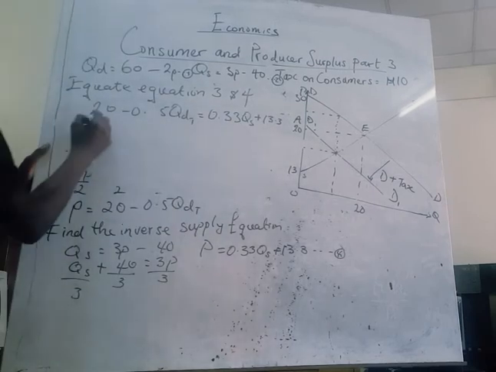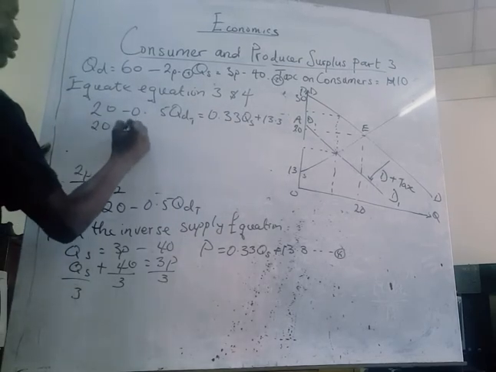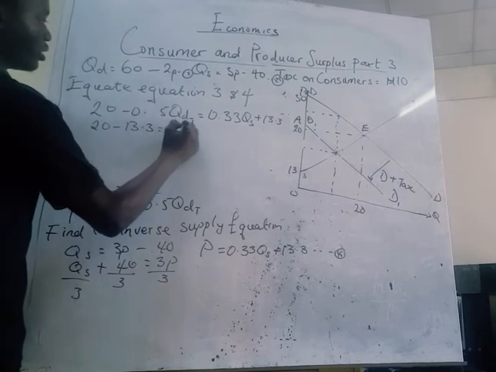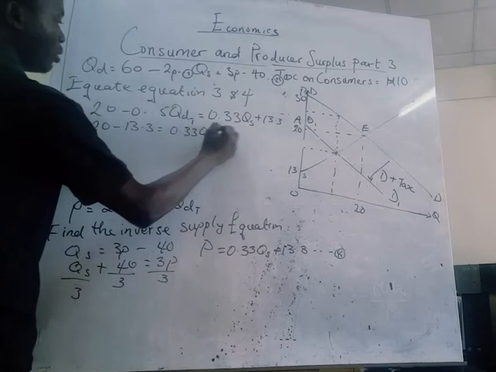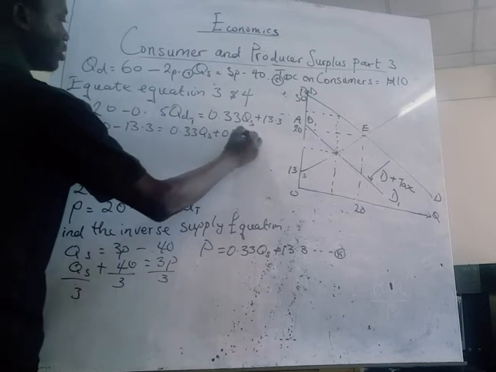So we collect like terms. We have 20 minus 13.3 to give us 0.33 Qs plus 0.5 Qdt.